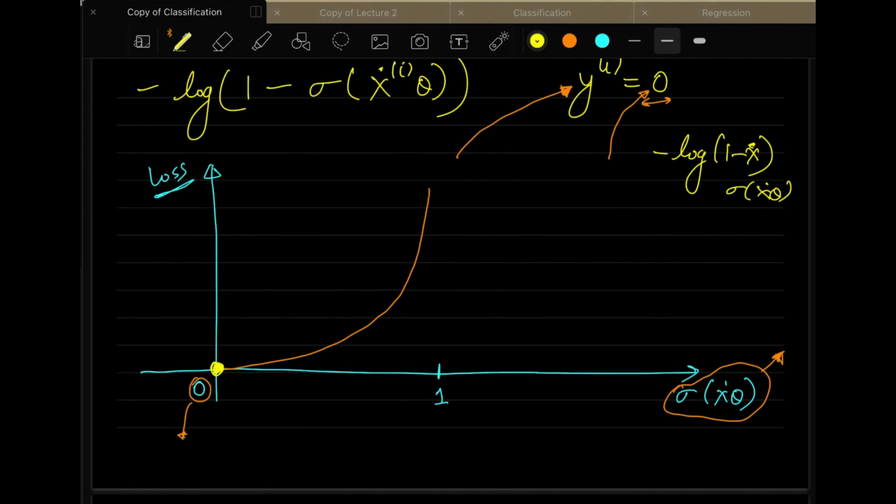So there is no way of penalizing the machine learning model, it is already doing good. But when your machine is predicting output as 1, but it is 0, then you can see the penalization, or you can see how much loss it is creating here. So this is basically the penalty. It's a penalty which is imposed on the loss function, because you are trying to minimize the loss, right?